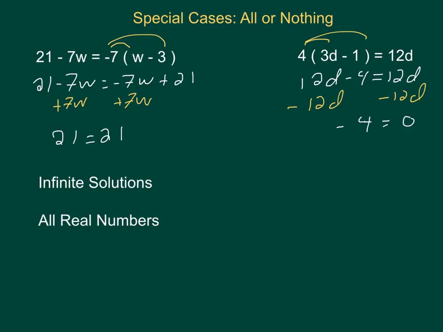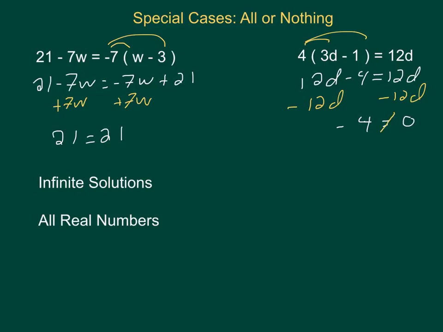Anything you plug in will make the equation true because the equation just reduces down to the true statement 21 equals 21. So that's a special case. When you get the variables to cancel out and you have a true statement, you get infinite solutions, specifically all real numbers.